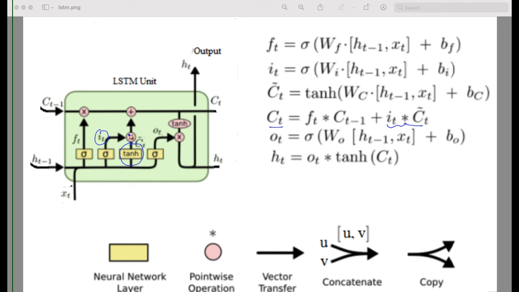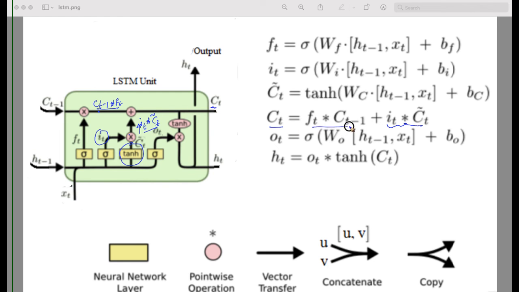So this is what we are getting here, IT pointwise CT tilde. And from here we are getting CT minus 1 into FT. So here we are doing pointwise addition of these two, and then we are getting the final output CT.